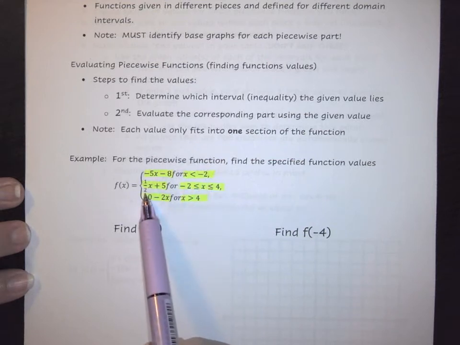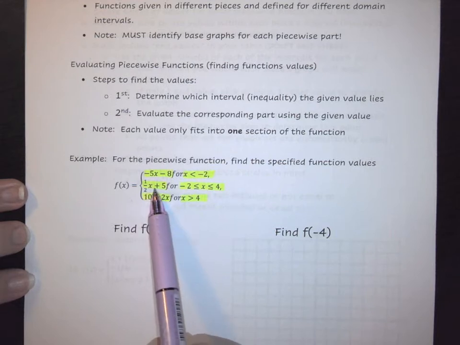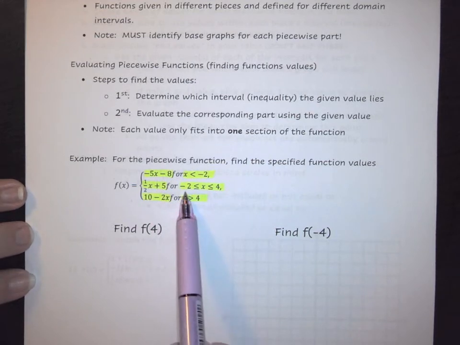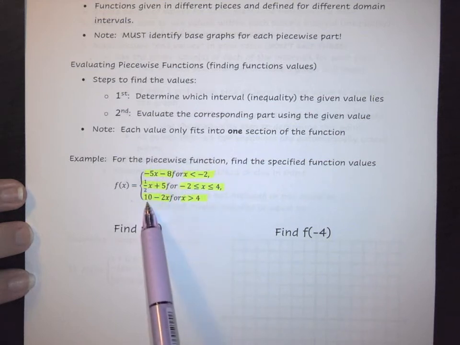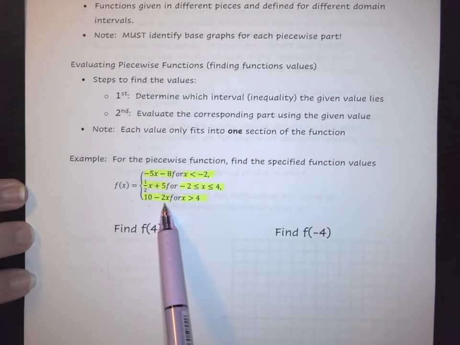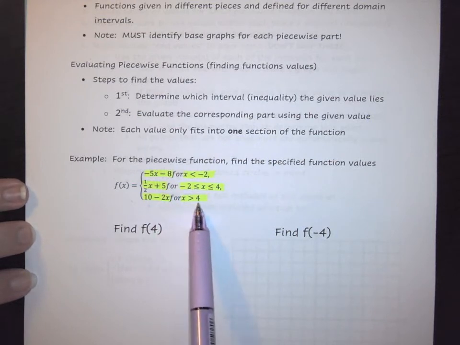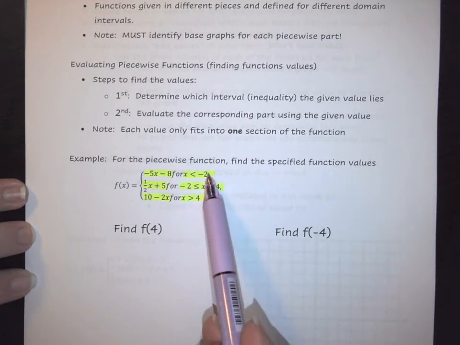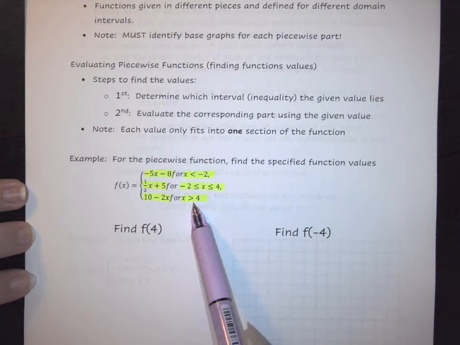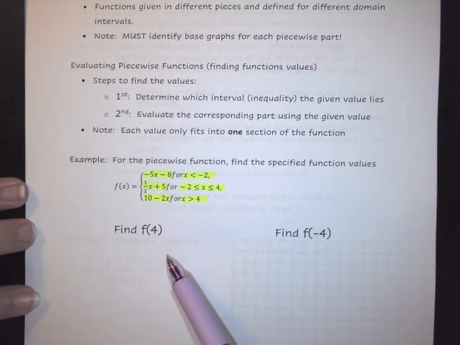You then have the linear line 1/2 x plus 5, and this line again will only exist between negative 2 and 4. And then you have a third, 10 minus 2x, and this line here only exists when x is greater than 4. So you have to follow these directions very carefully when graphing or when evaluating.